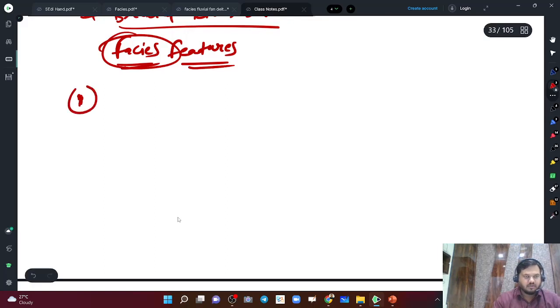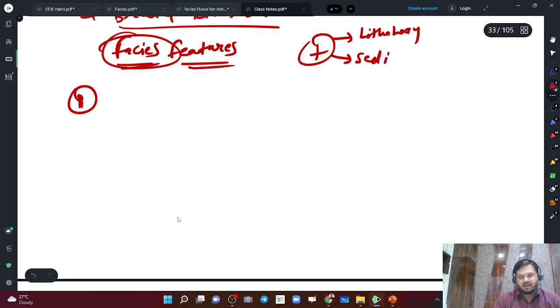First point is about lithology, right? In facies, what all dimensions do we cover? Like I said initially, we cover lithology, right? Write lithology. Sedimentary structures, if you can write. What else should we write?